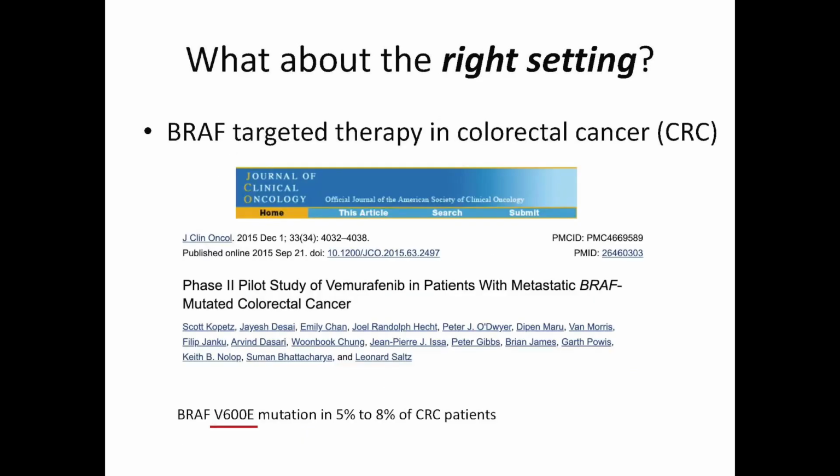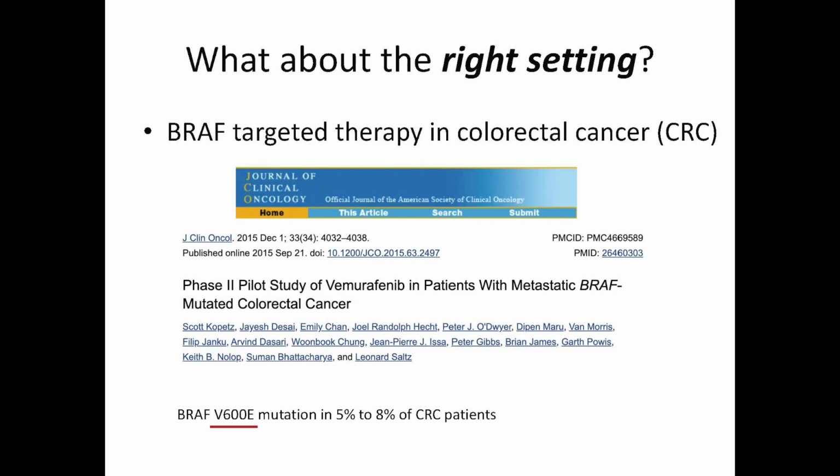Another example is in treating BRAF-mutated colorectal cancer. Kopitz et al. reported a phase 2 pilot study of vemurafenib in patients with metastatic BRAF-mutated colorectal cancer.